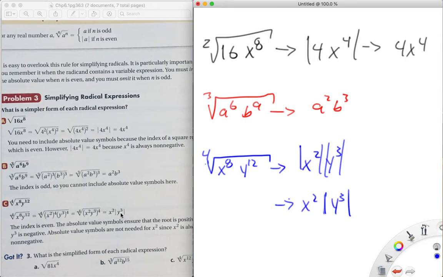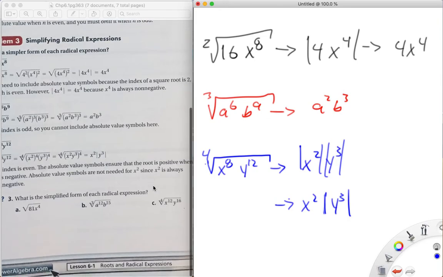However, here the exponent is odd, so if I put a negative number in here, this would turn it negative. So I do have to keep the absolute value. I have to keep that positive so that this whole thing in here stays positive, because I can't root a negative number. So to make sure that everything stays positive, I do have to take the absolute value of an odd exponent when it's my final answer.